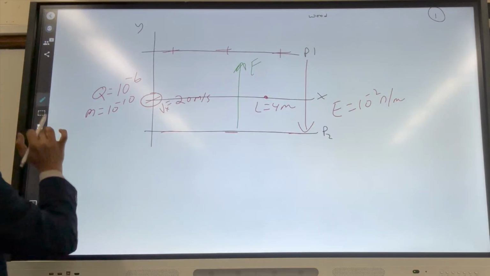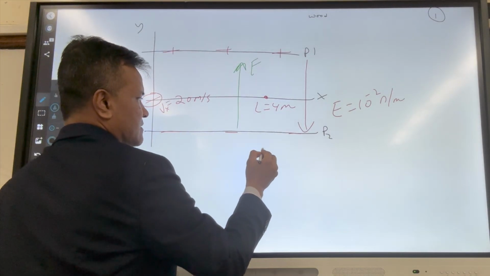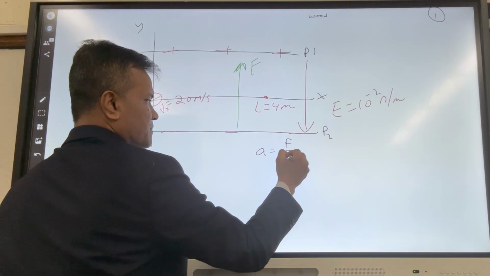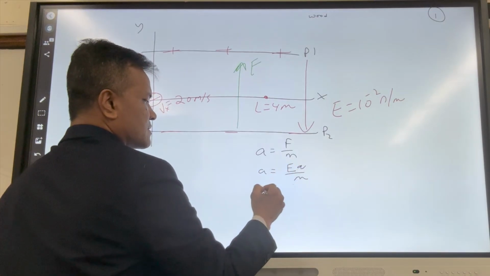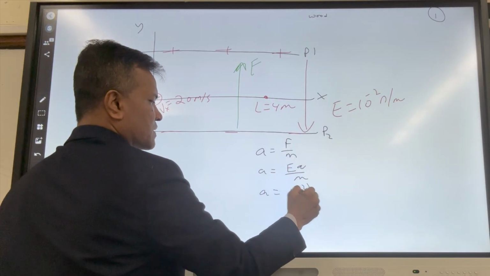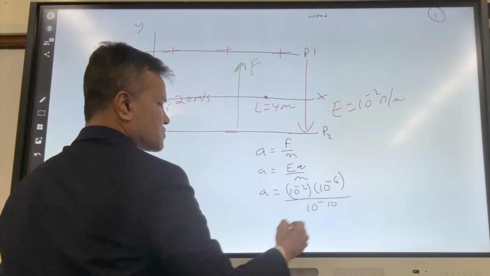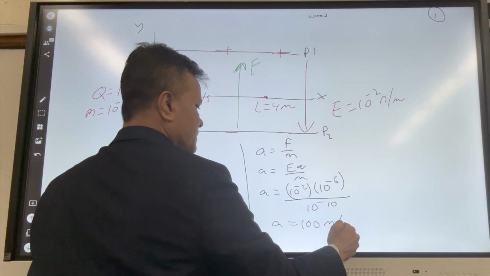So first things first, we're going to find the x force or acceleration. Acceleration is Newton's second law, F over m. So acceleration is Eq over m. E is 10 raised to negative 2. Q is 10 raised to negative 6. M is 10 raised to negative 10. So acceleration is 100 meters per second squared.